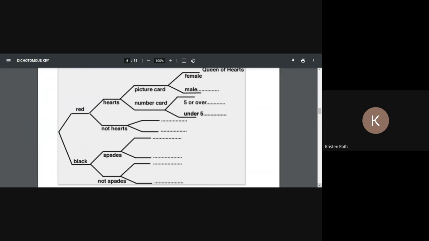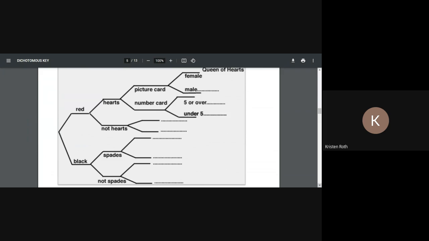Okay, and I would say hearts or diamonds. If it was a heart, you'd say heart. And then it'd be picture card or number card. You'd say picture card. Is it female or male? Well, it's female. Well, then it's Queen of Hearts, because the king and the Joker are both males.